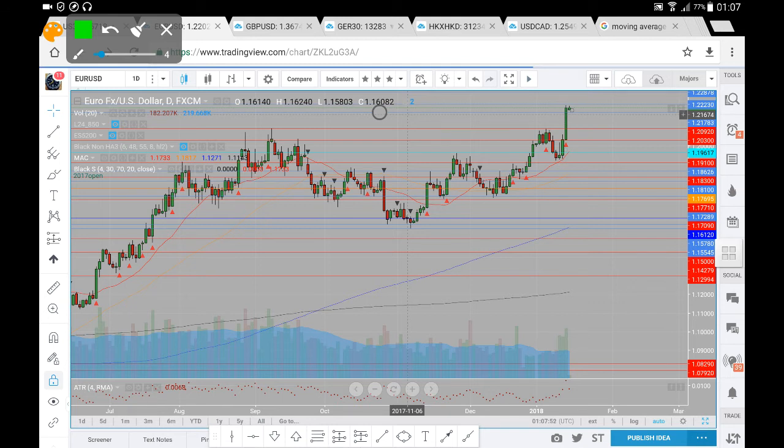So the bulls might have a bit of a rest, bears might step into the market, so we might see a bit of a pullback before we see continuation later on this week, unless we do get up to a significant level that we are likely to turn around from. And with that said, that should pretty much wrap up everything in regards to the euro dollar. Thanks for watching.